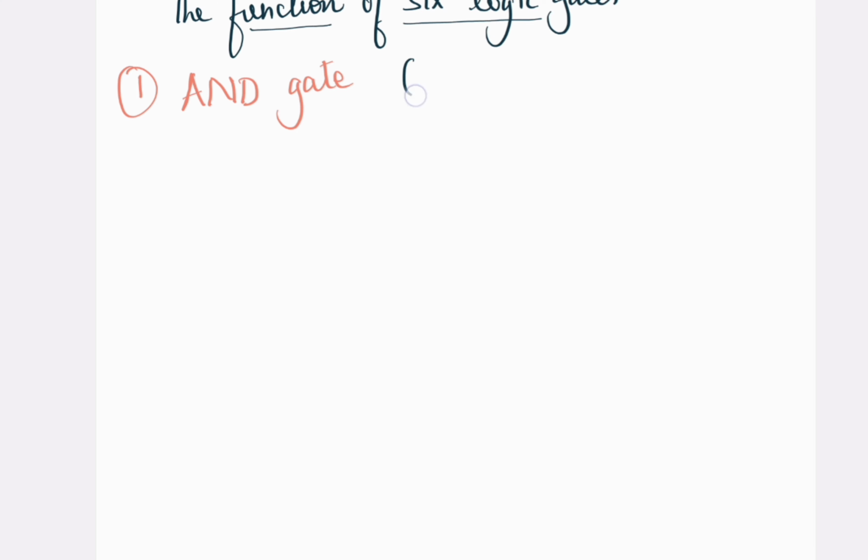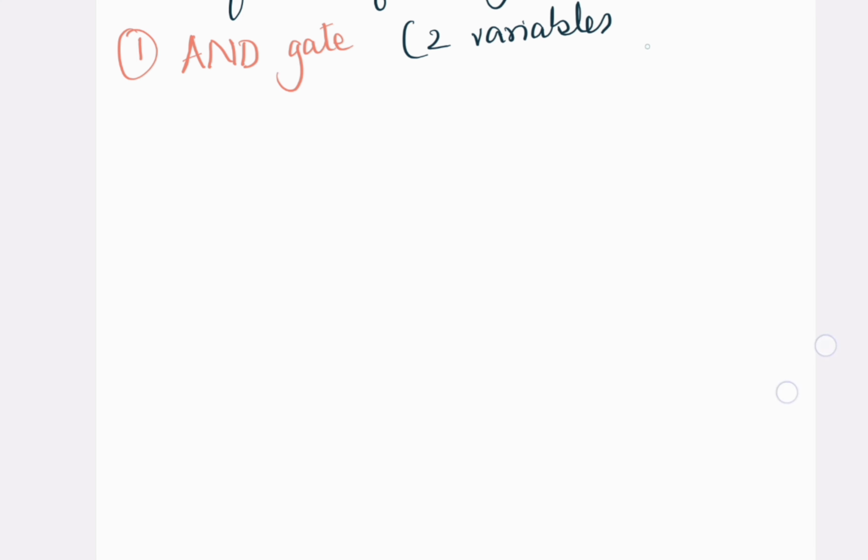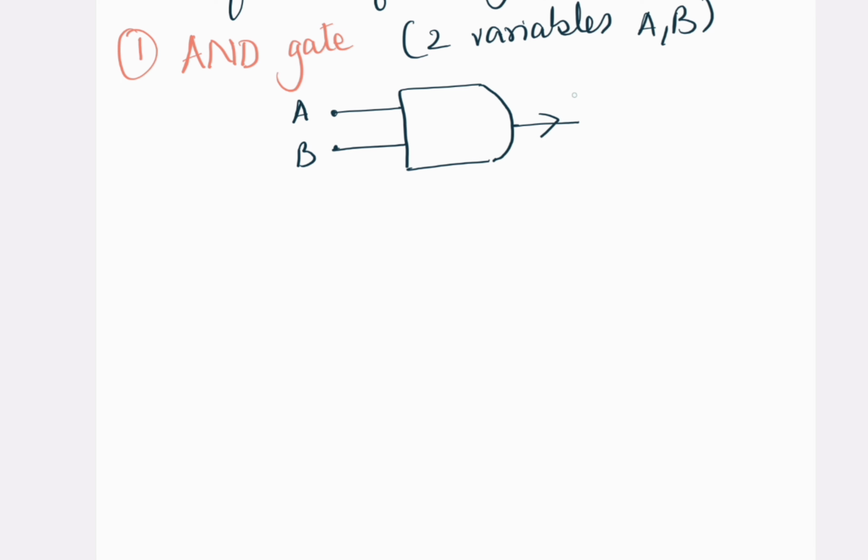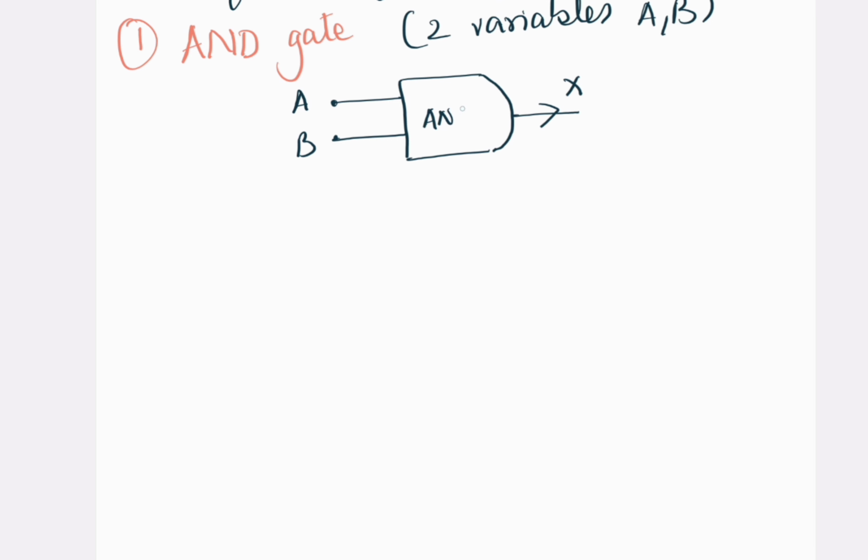Let's use 2 variables, A and B. The symbol is very simple. Have 2 inputs, A and B, 2 parallel straight lines. To join these, there's a little curve, and then you get the output X. So this is always the AND gate, and you could just write it in between to ensure you know it perfectly.